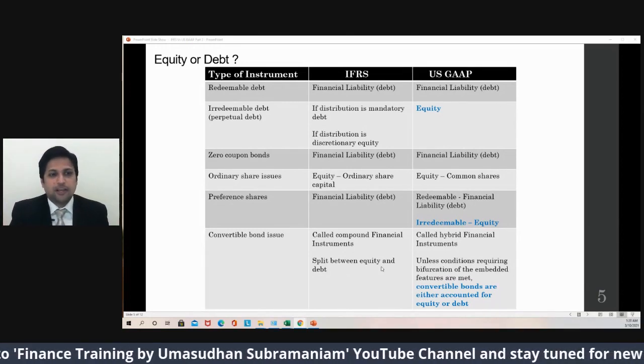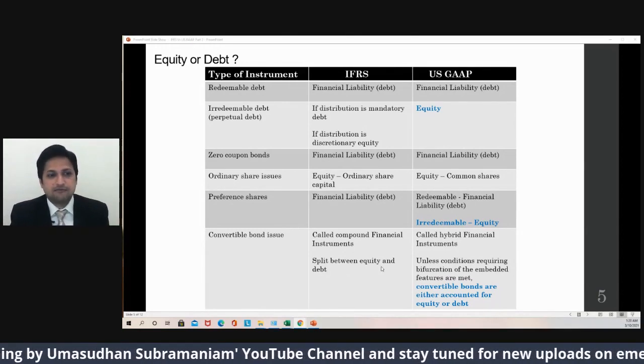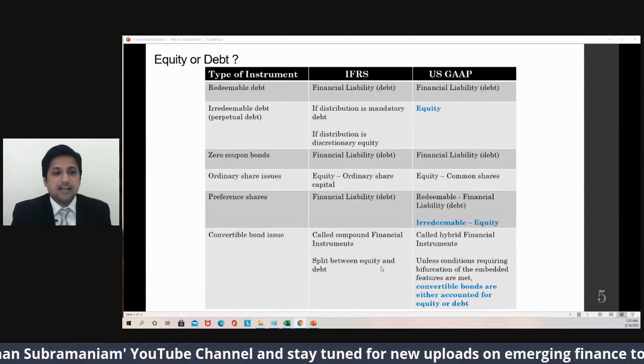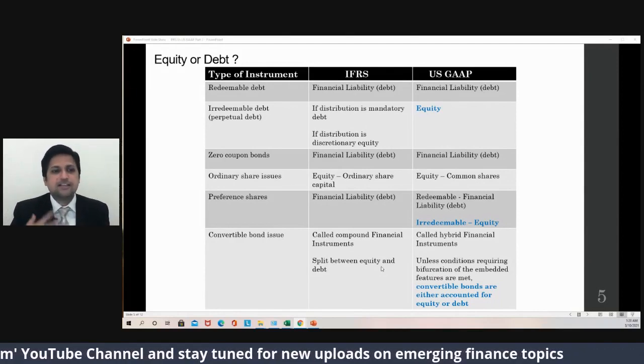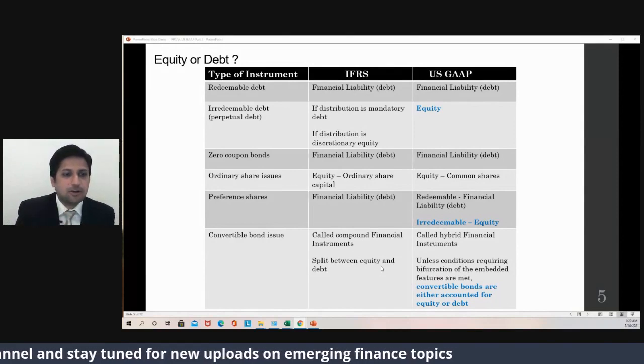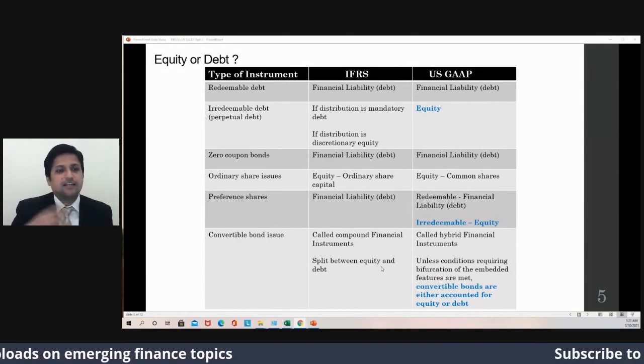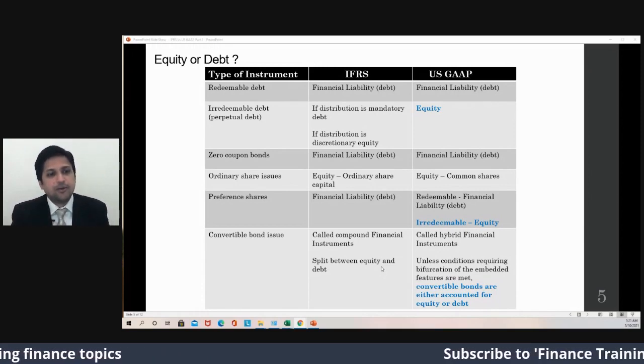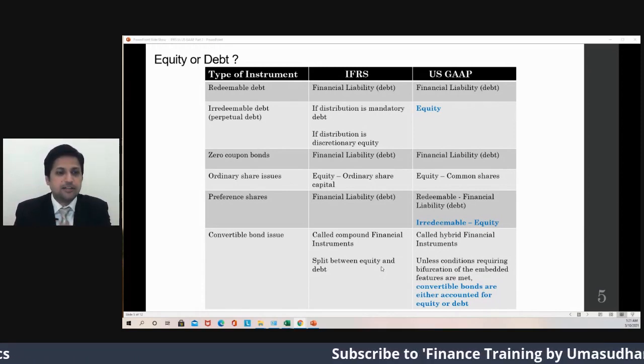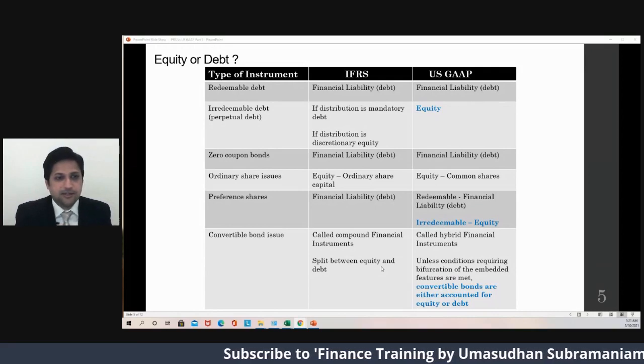We're going to now look at the most complex form of financial instruments, a convertible bond. What is a convertible bond? It is a callable bond or a puttable bond which can get converted into an equity instrument at the maturity date or before the maturity date.